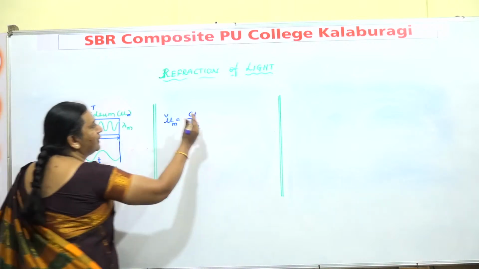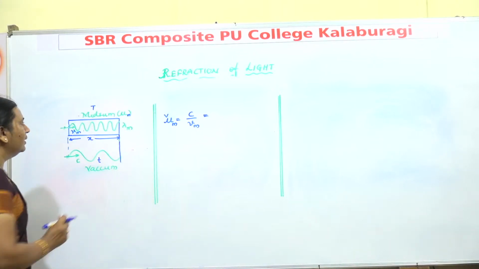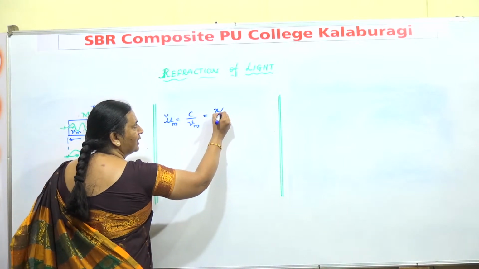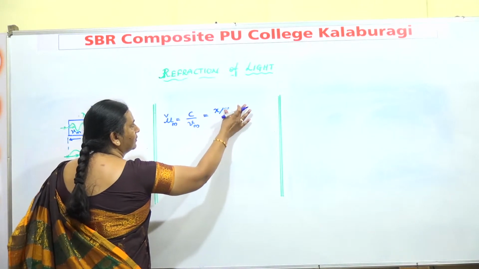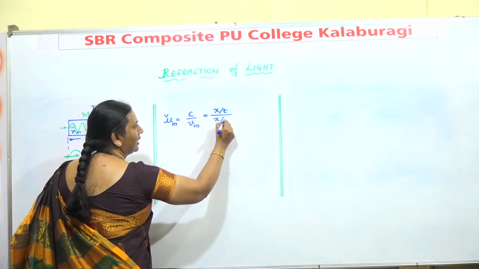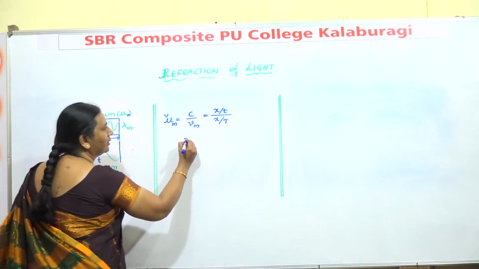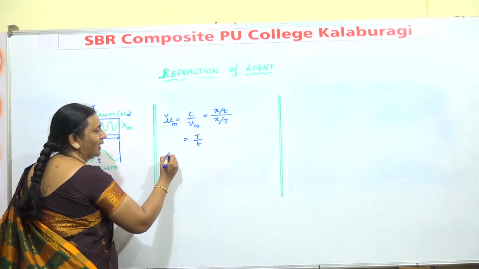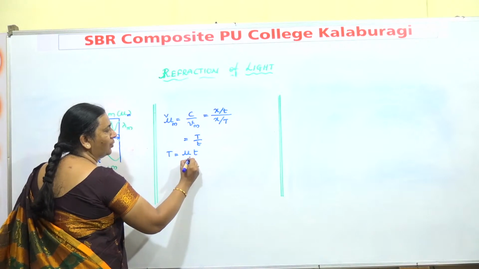Now, this speed I can write as what? Distance by time taken, children. So here distance is the same in both cases. Time taken here is small t, whereas time taken in a medium is capital T. That becomes T by t, or I can say capital T equals mu times the small t.